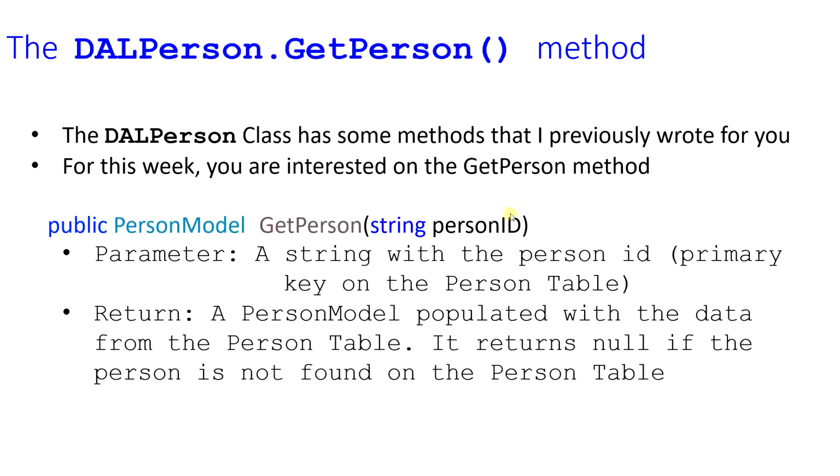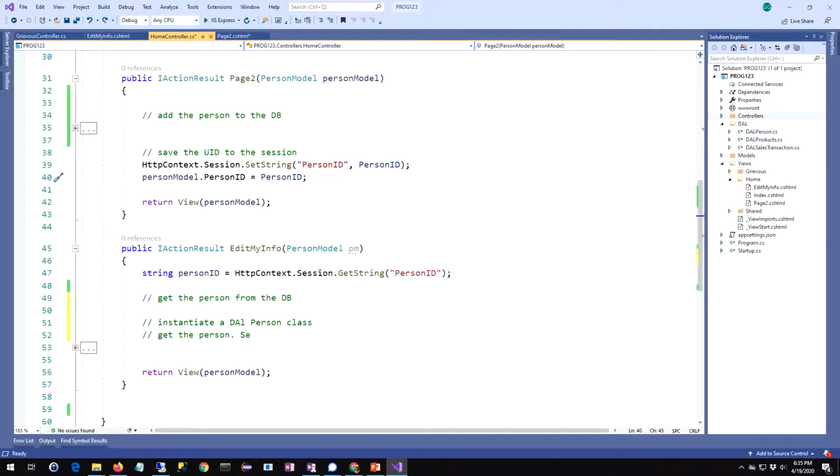From last week's assignment, as soon as you saved the information to the database, it returned you a person ID, and then you saved that person ID in the session. You're going to use that parameter now on getPerson, and getPerson is going to return a person model. If the person is not found, it just returns null.